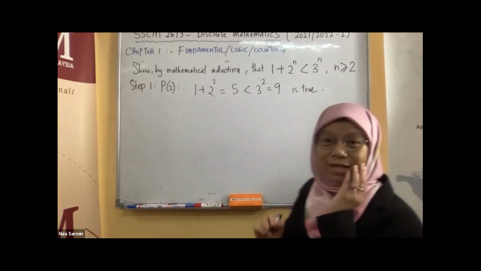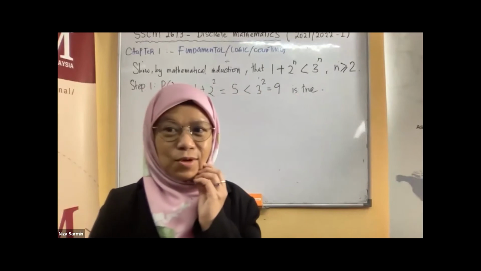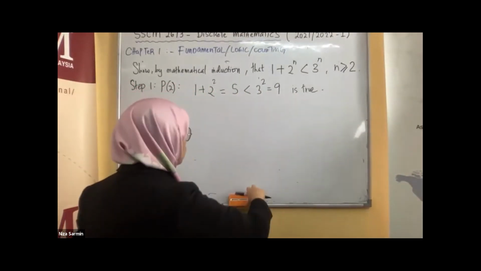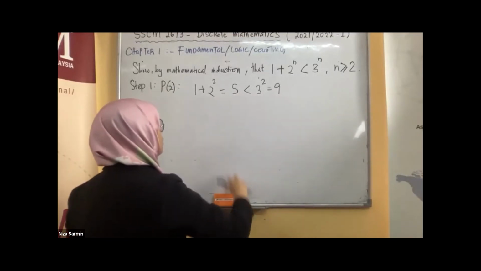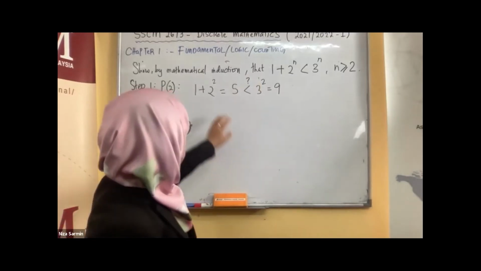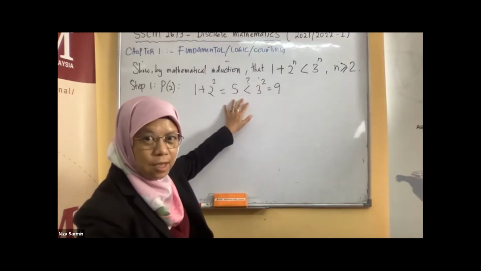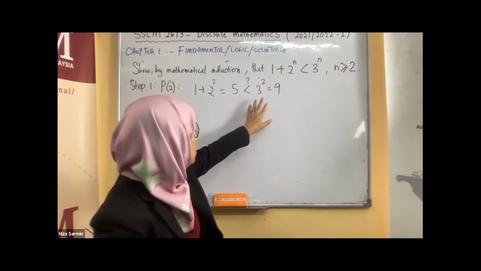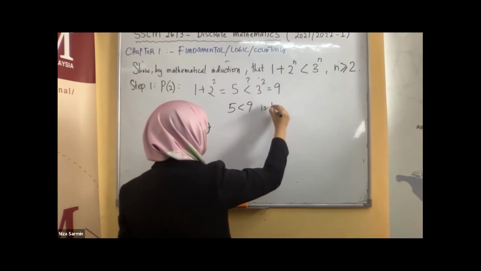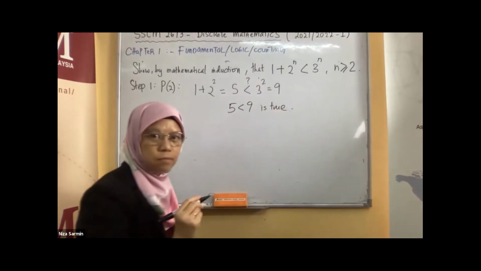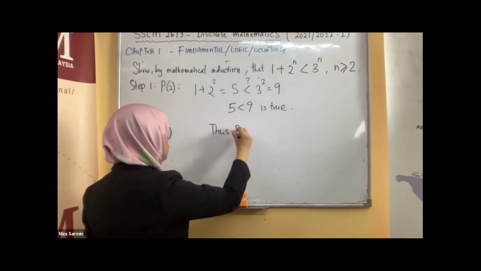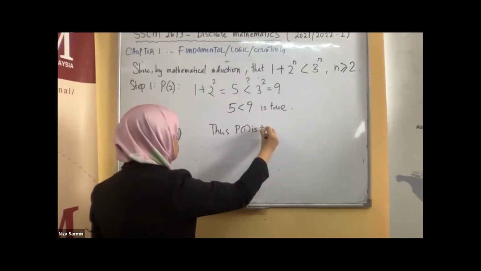You can also write like this: you write the left-hand side, and then you put a question mark, is it true? And then you put 5 less than 9 is true. Okay, and then you write, thus P2 is true.